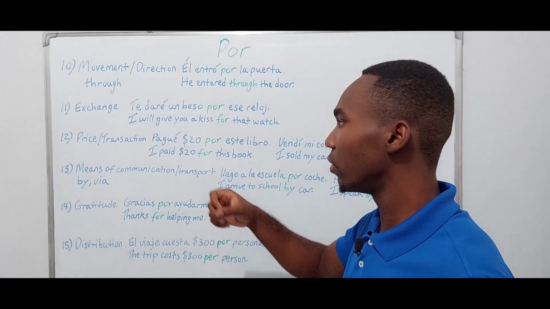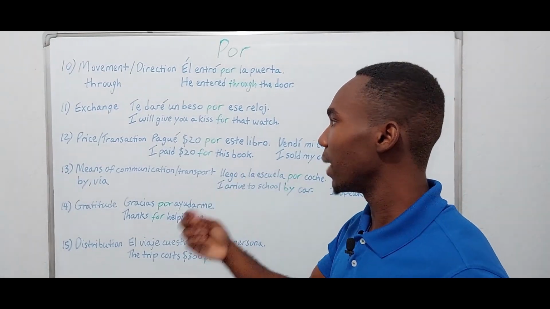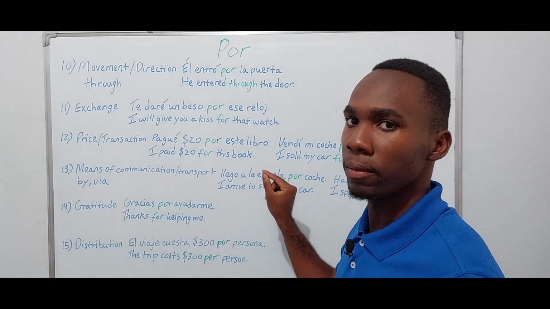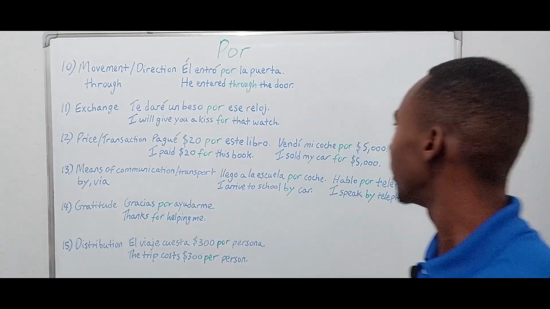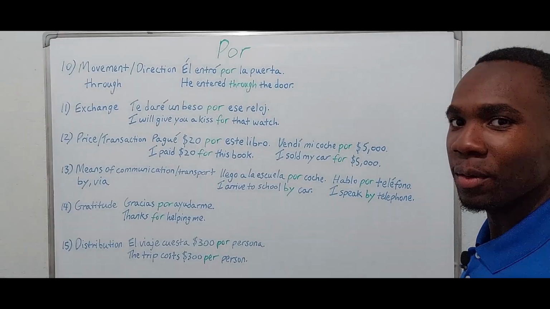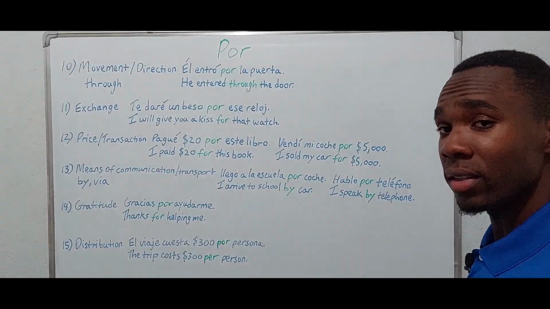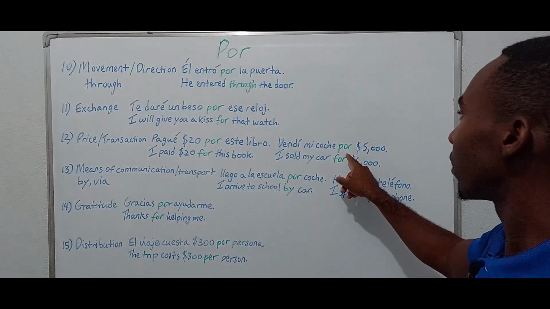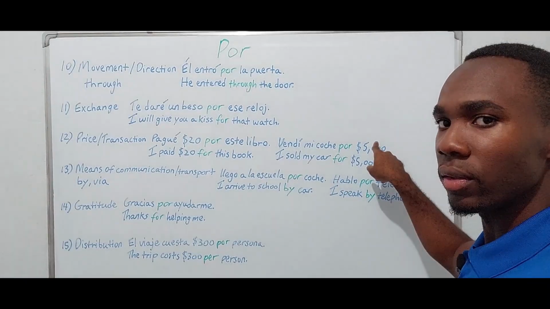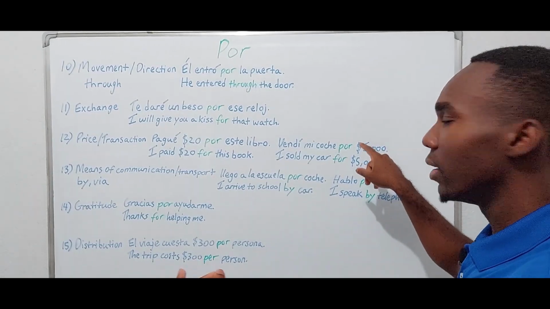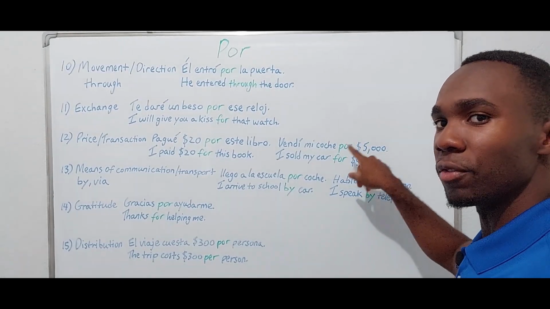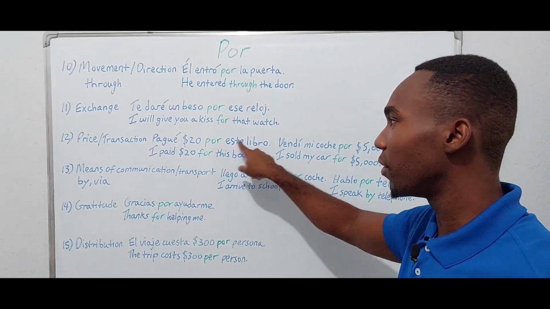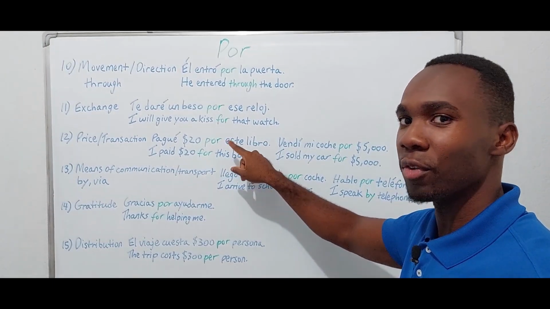So that's buying. So pagué $20 por ese libro. But vendí mi coche por $5,000. So you see, in this case, what follows the por, when I'm selling something, the amount I sell it for is going to follow por, and when I'm buying something, whatever it is that I'm buying is going to follow por.